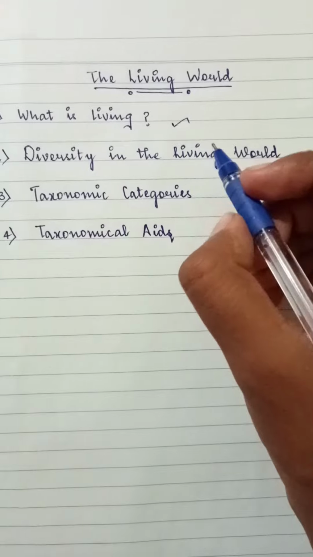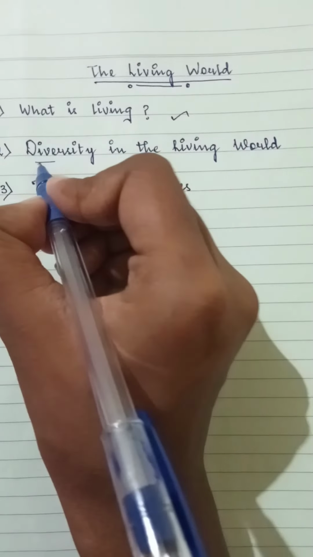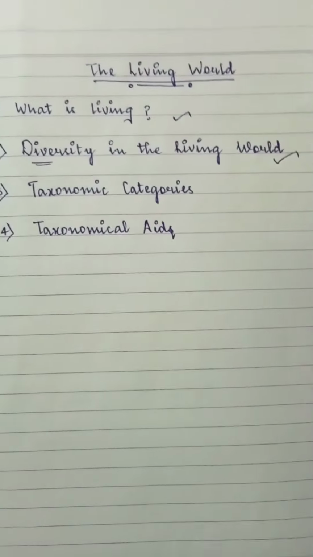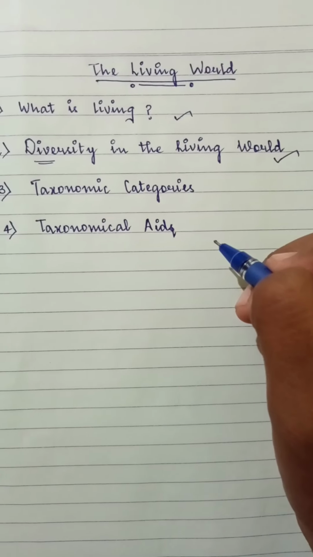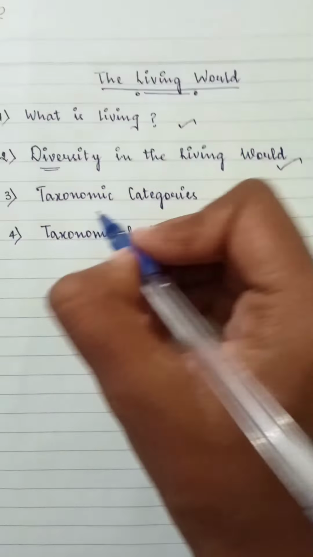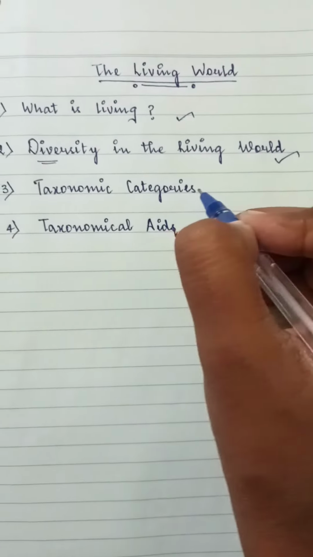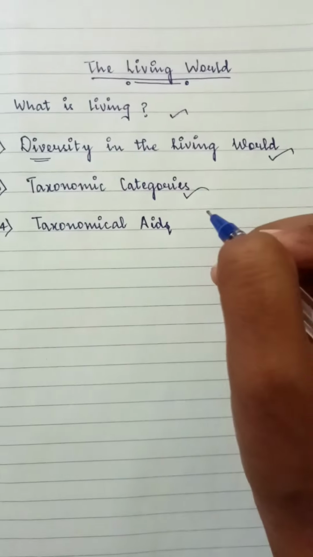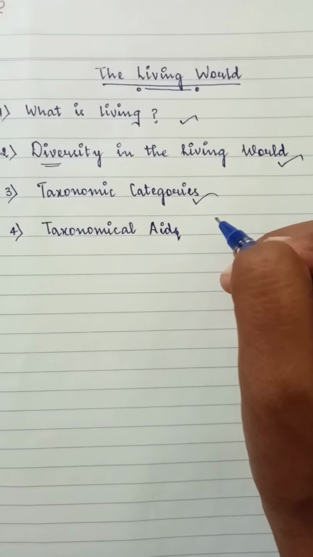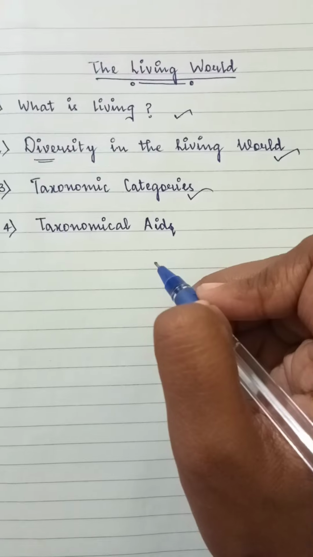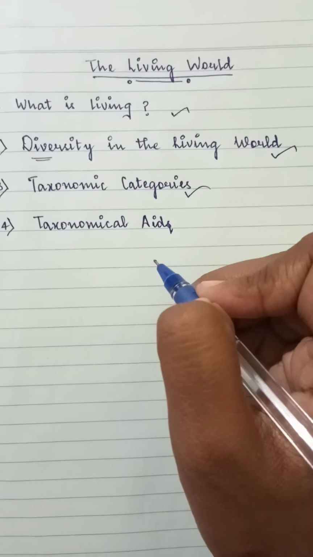And secondly, what is diversity in the living world? You would be studying this topic in detail, and in the third topic we would be studying taxonomic categories. What are the various categories? What are the subcategories we would be studying in taxonomy?